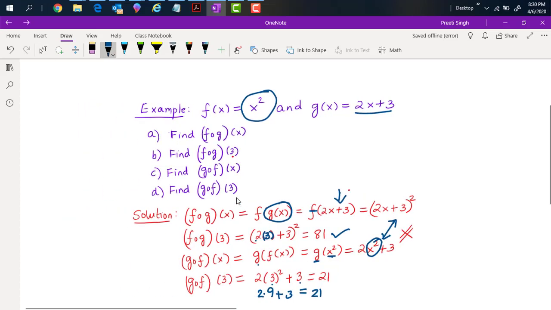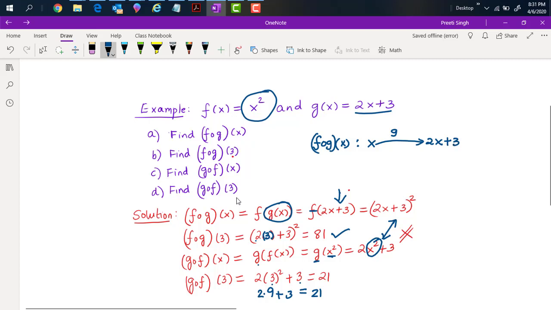Let me show you another way of calculating, using the diagram that I had before. If I go according to the diagram and I'm calculating, let's say, FOG of x, I start with an x and I apply g first. So what does my g do? G makes x into 2x plus 3.